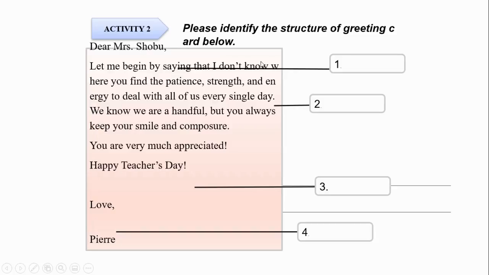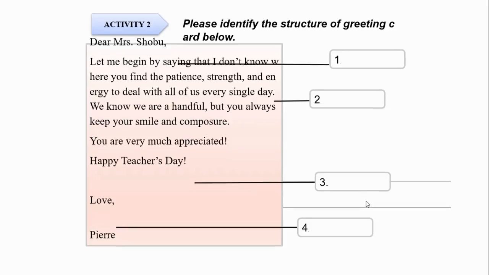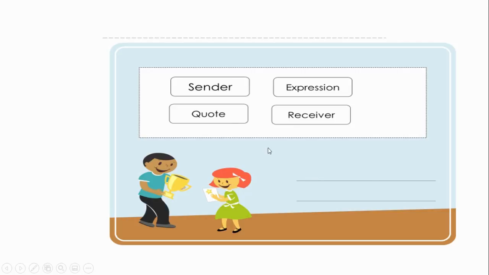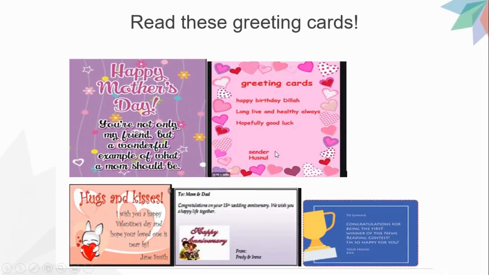So actually, "Dear Mrs. Sabu" could be called number one, and then "We know we are a handful, but you always keep..." could be called another, and then "Love", and then "Happy Teachers' Day". So we must provide some examples here.